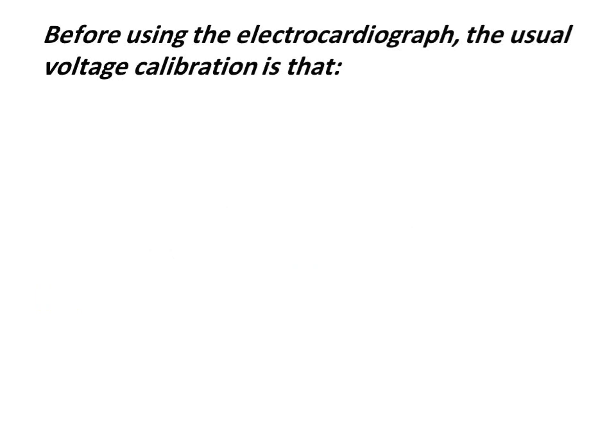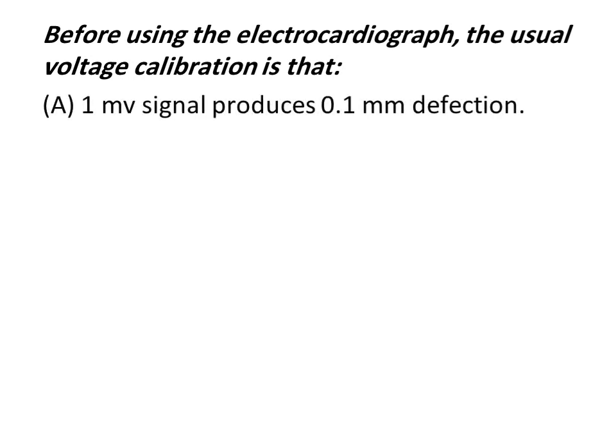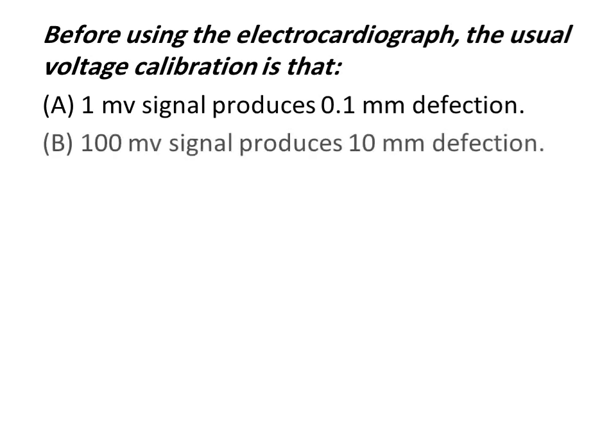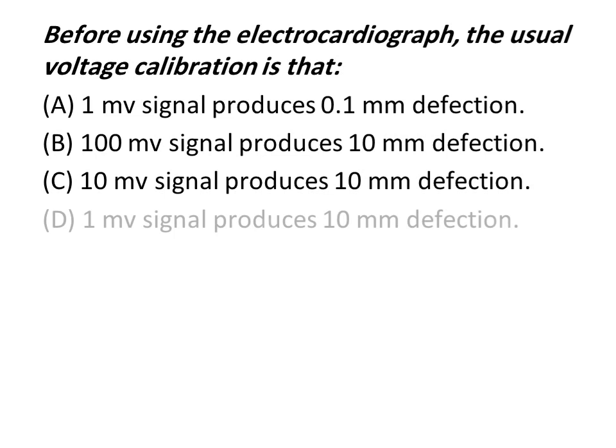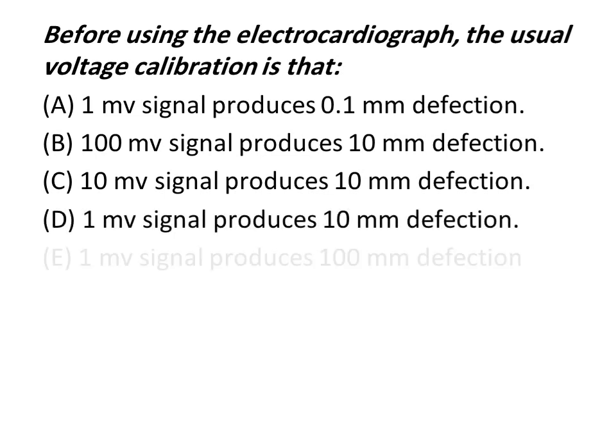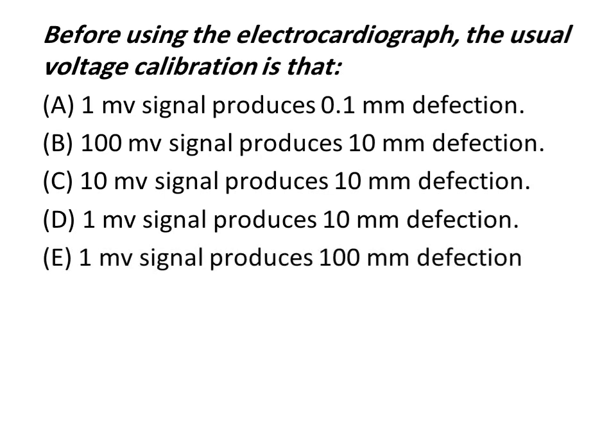Before using the electrocardiograph, the usual voltage calibration is that: 1 millivolt signal produces 0.1 millimeter deflection; 100 millivolt signal produces 10 millimeter deflection; 10 millivolt signal produces 10 millimeter deflection; 1 millivolt signal produces 10 millimeter deflection; 1 millivolt signal produces 100 millimeter deflection.